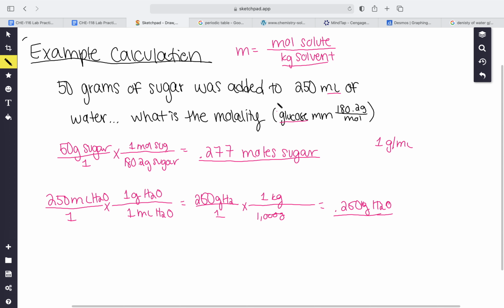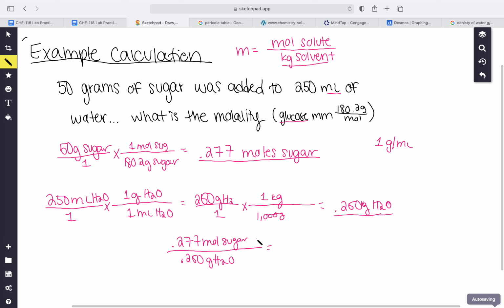Sorry about that. So now we're going to do the moles of the solute, moles of sugar. We're going to divide that by the kilograms of the solvent, 0.250 kilograms of water.